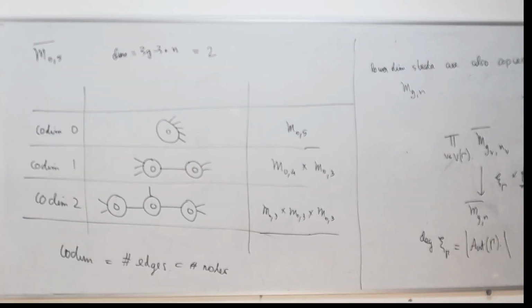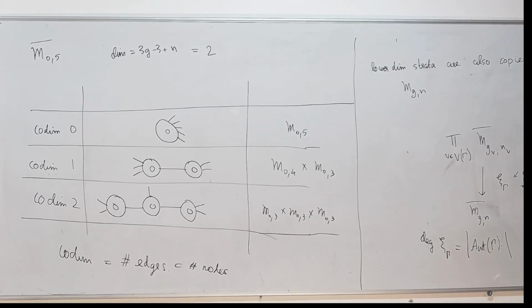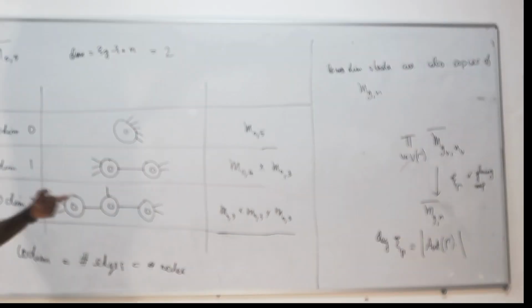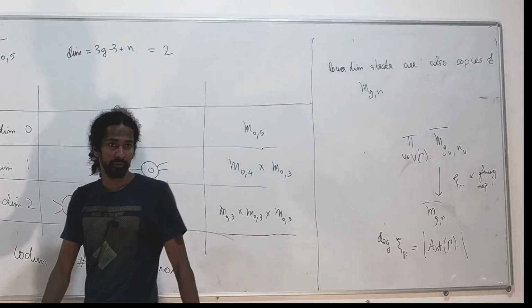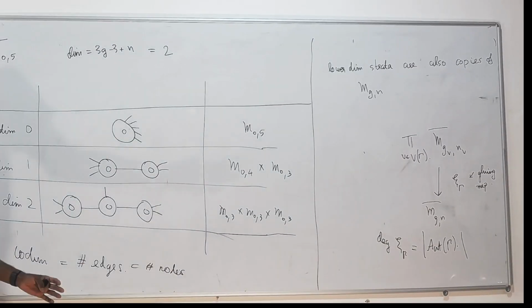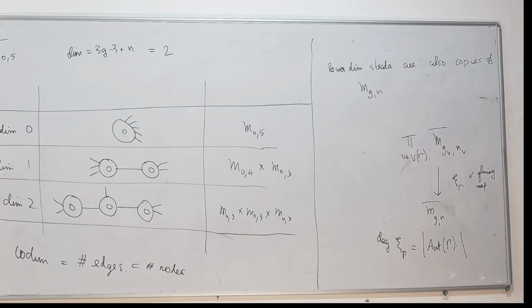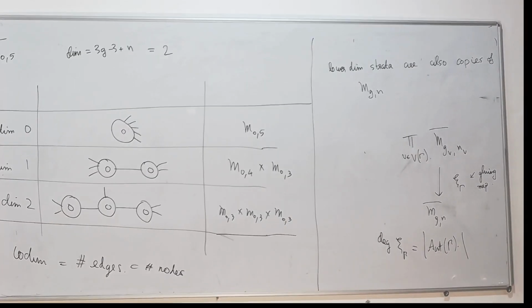So when you identify the closures of the strata, there's some factor of this automorphism, because it's the image of this map. There's some degree; this map is not injective.